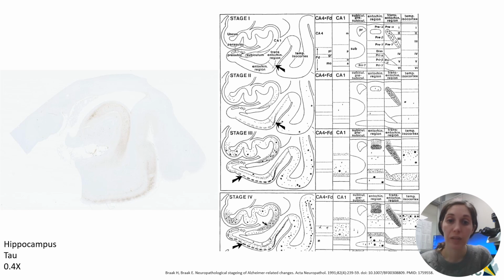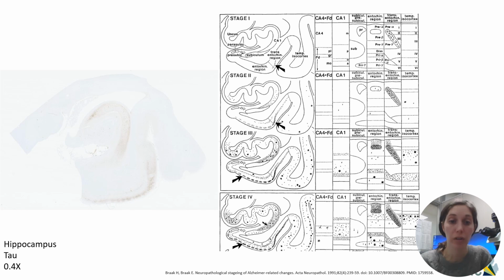So in Braak staging, you basically look at the hippocampus, you do an immunostain for tau, and then you picture match the degree of tau pathology to the extent of tau pathology in these different stages.